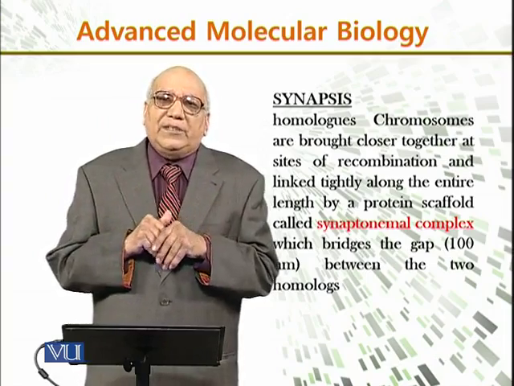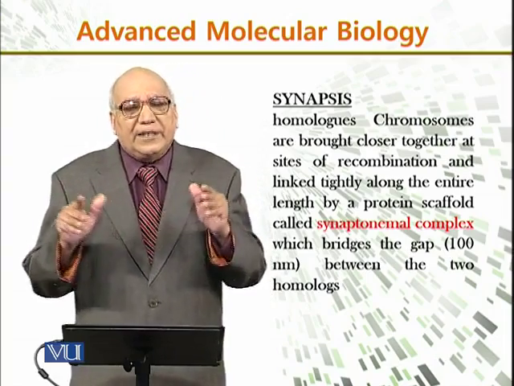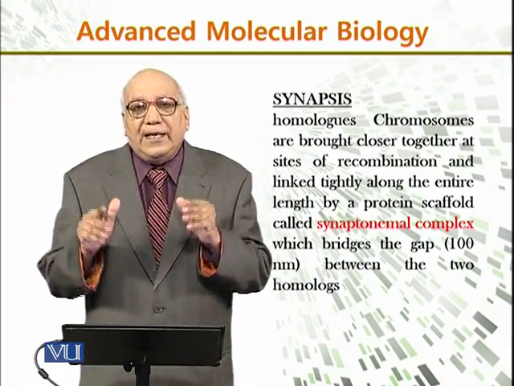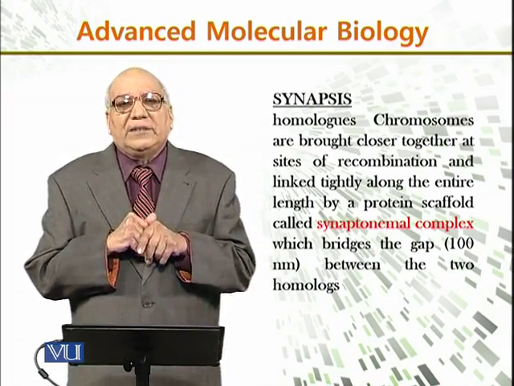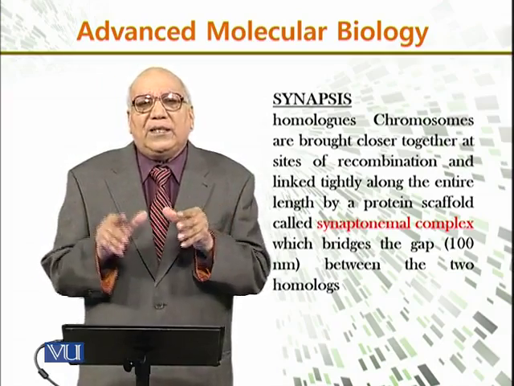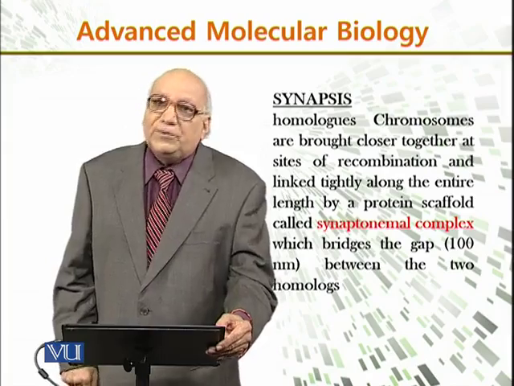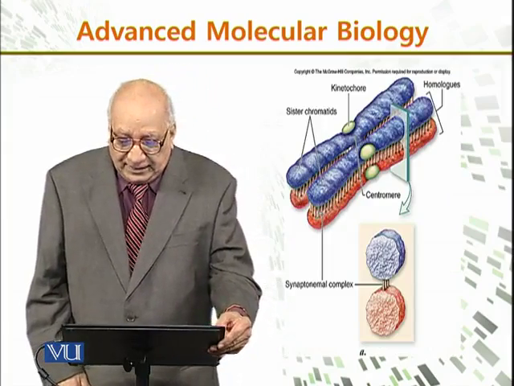In the cell the chromosomes are separated, and there is almost 100 nanometer distance between them. But how they are brought together, how they form the complex, we will study in this lecture.